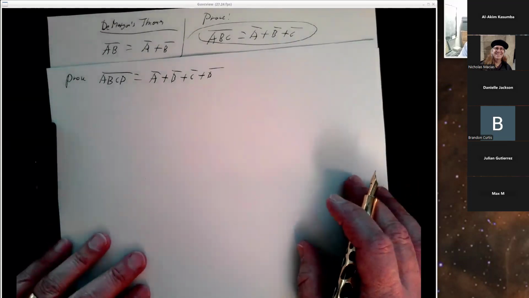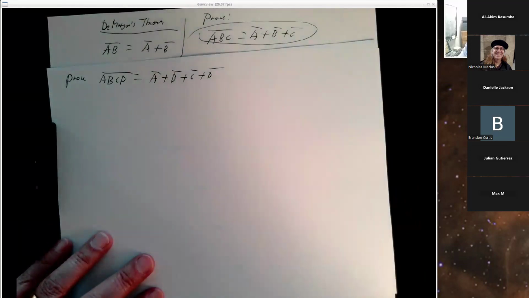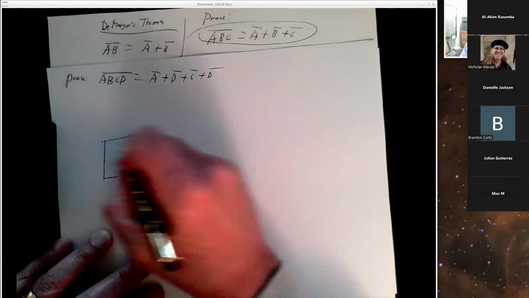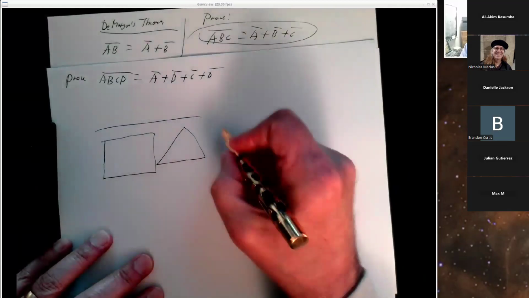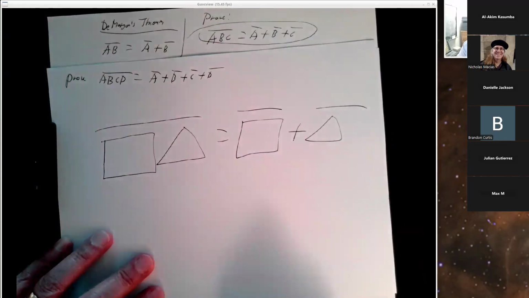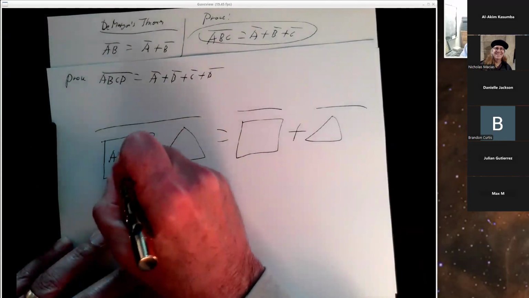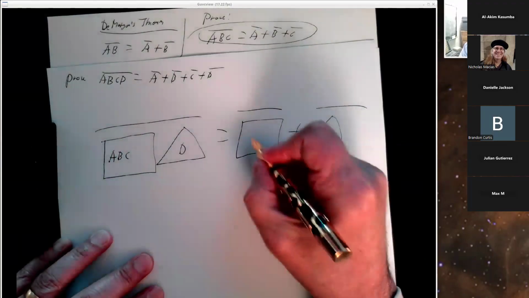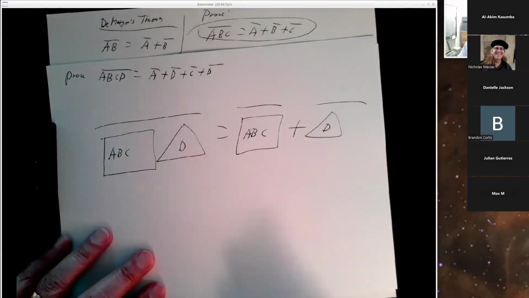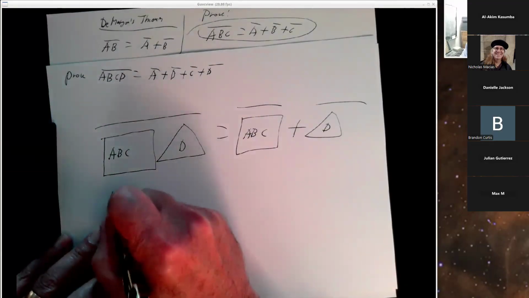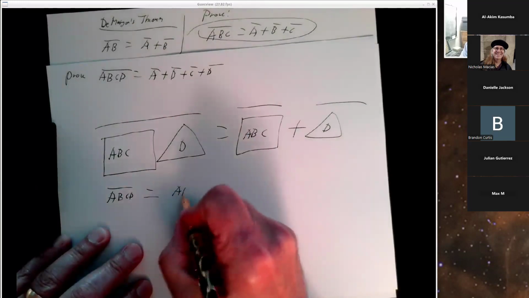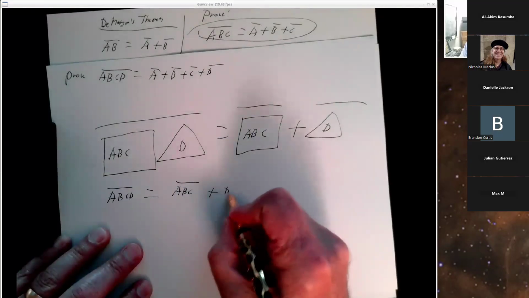And I'm going to do it exactly the same way we just did it for three variables. I'm going to write De Morgan's theorem like this. And in my box, I'm going to put A, B, C. And in my triangle, I'm going to put D. And so the left side of this equation is just ABCD bar. And the right side is ABC bar or D bar.